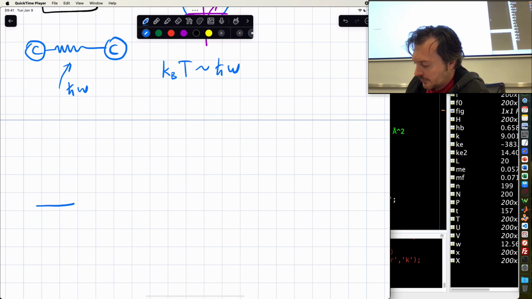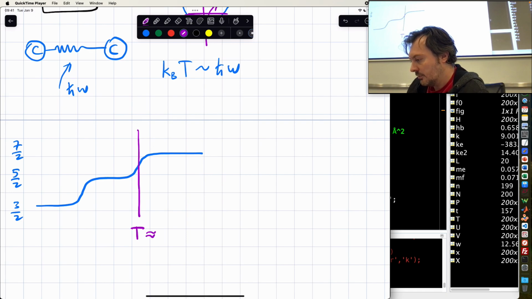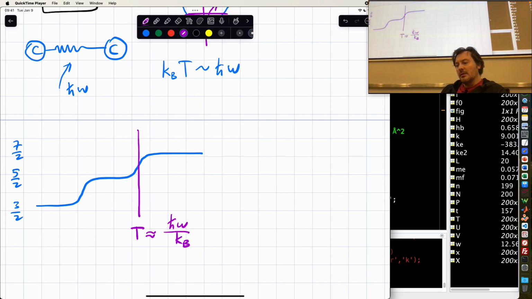So if you remember, we had this plot that went like this: 3/2, 5/2, 7/2. So our harmonic oscillator theory accounts for this temperature being close to h bar omega over kB. We didn't really uncover this part.